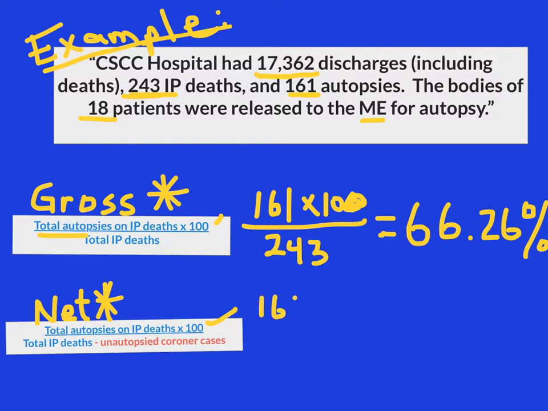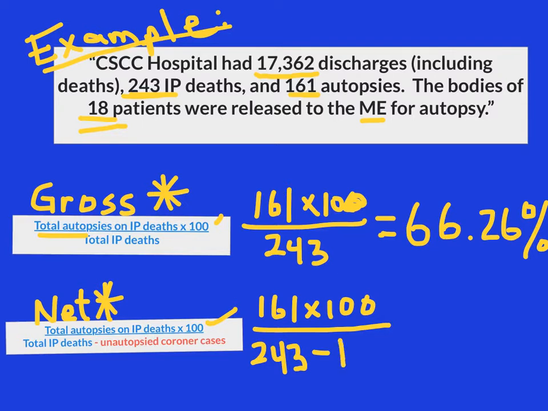So again, we have 161 times 100 over total inpatient deaths, 243, minus the patients who were released to the coroner's office, the coroner's cases, which is 18, and we make the calculation here, we end up with 71.56% when we round to the nearest hundredths.